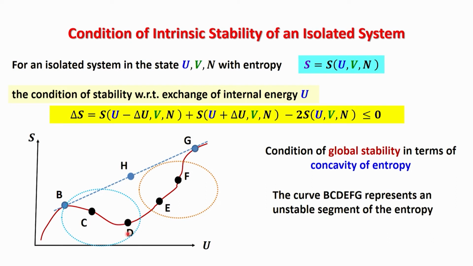So, although the global stability of this entire segment of entropy is understandable, I should look into the local slopes to understand locally what is the condition of stability.